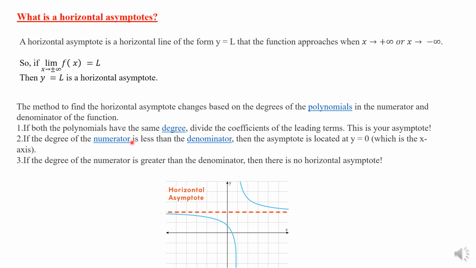If the degree of the numerator is less than the degree of the denominator, then the horizontal asymptote will be y equals 0, which is the x-axis. If the degree of the numerator is greater than the degree of the denominator, then you do not have a horizontal asymptote. You will have something called an oblique asymptote. We will see it later.